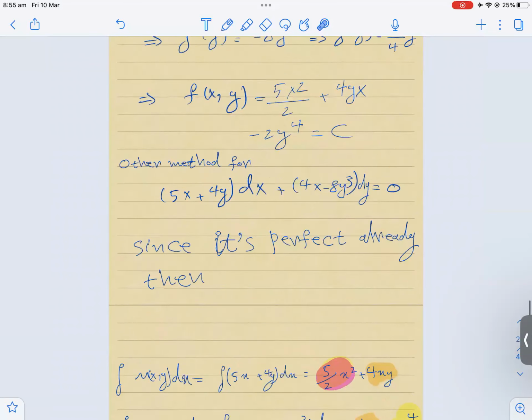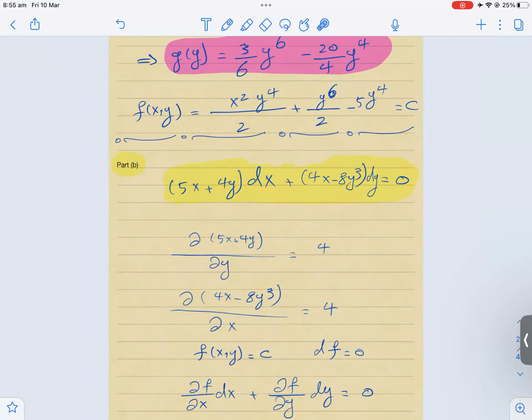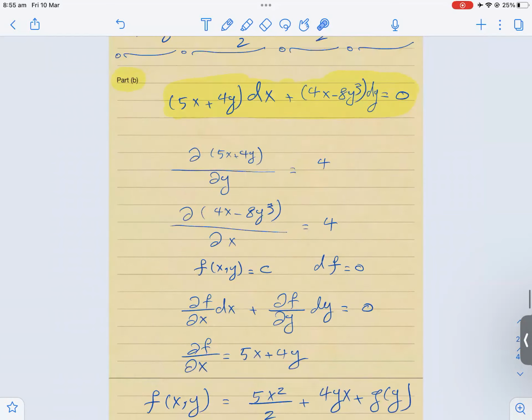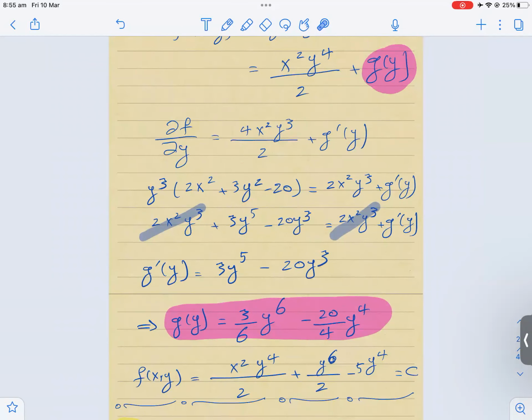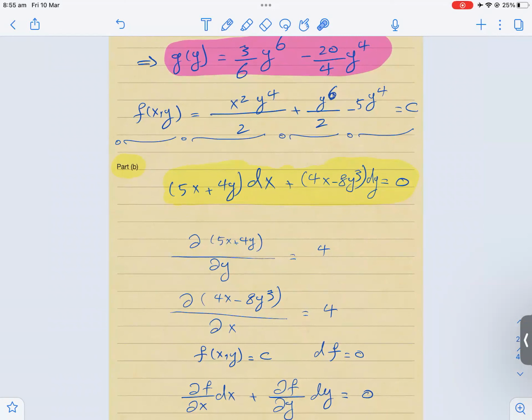Okay, so part B is the perfect ODE. So you will use the same process here. Do you remember from Math2800, you were asked to find the potential function?